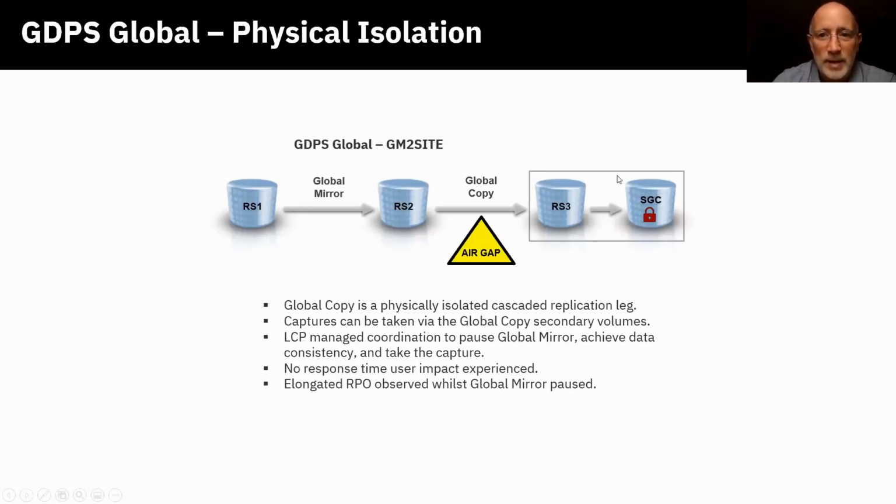So again, in this case, physically isolated from the GM secondary and the GM primary. So again, though, to establish data consistency on RS3, we need to temporarily pause GM, drain the updates to RS3, take the capture and resume GM. So there is, again, an elongation to the RPO during the pause process.